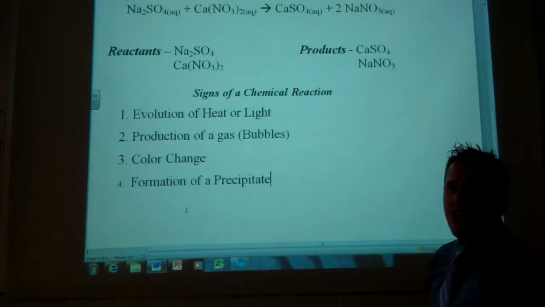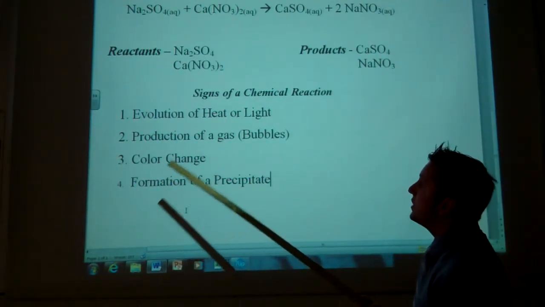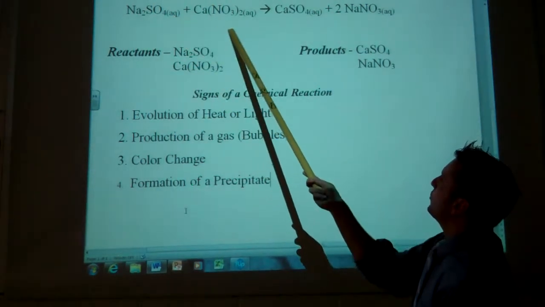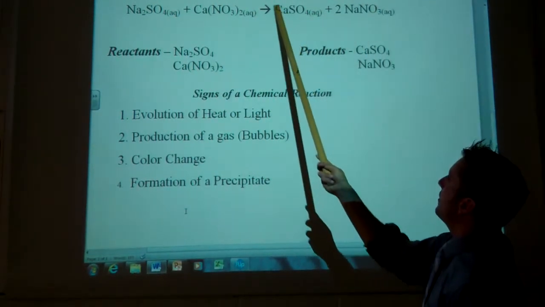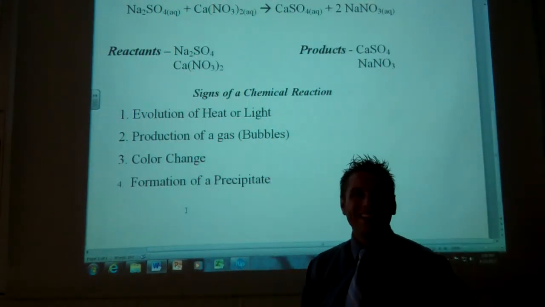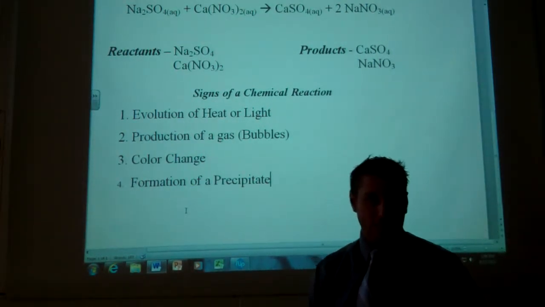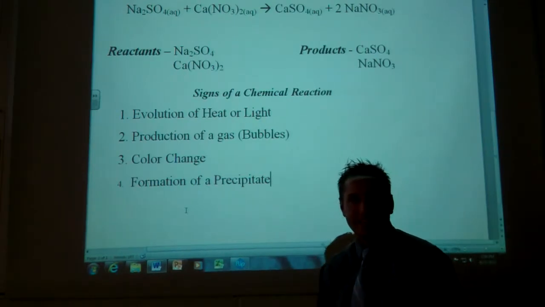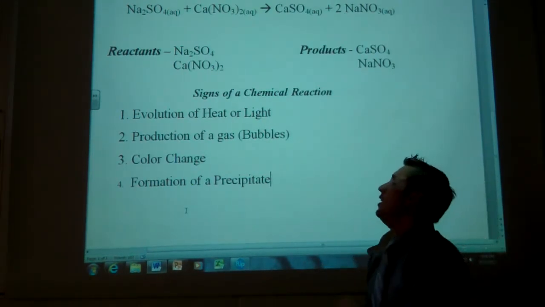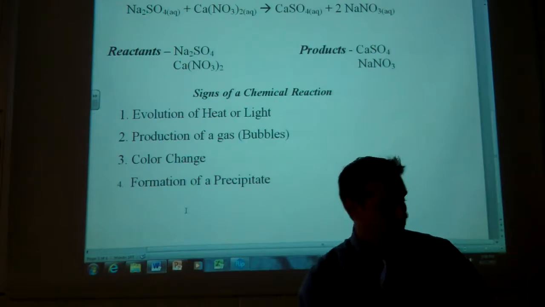Well, if you notice, there's other characteristics about equations that you'll see up here. There's little symbols after each of these compounds. There's this arrow. So I wanted to discuss what those are so that we have a common plane, so to speak, with the idea of terminology.